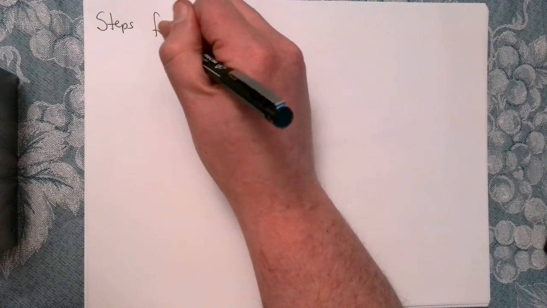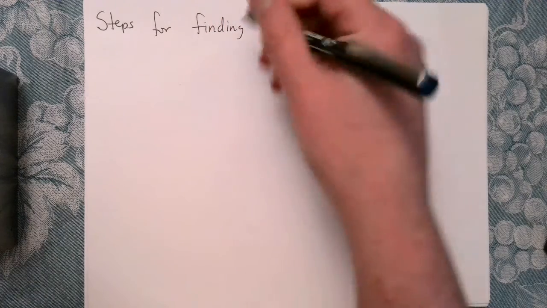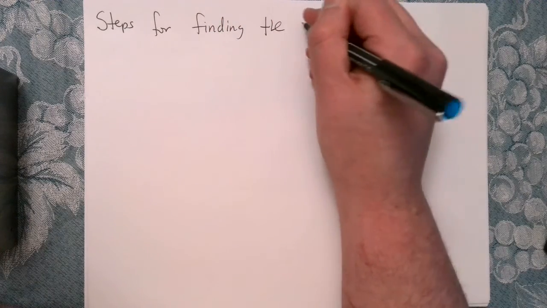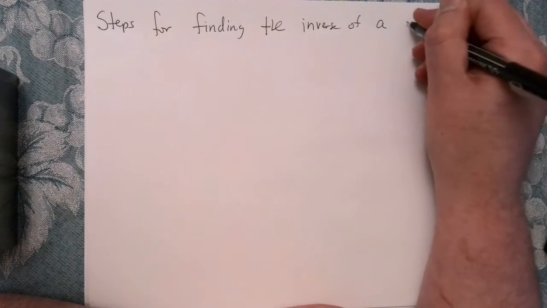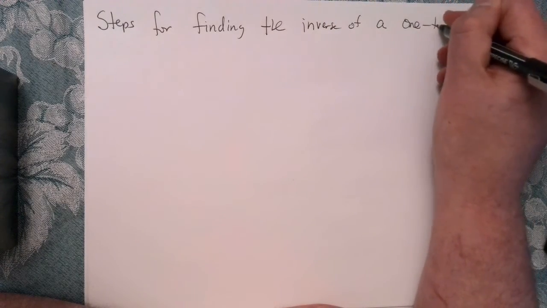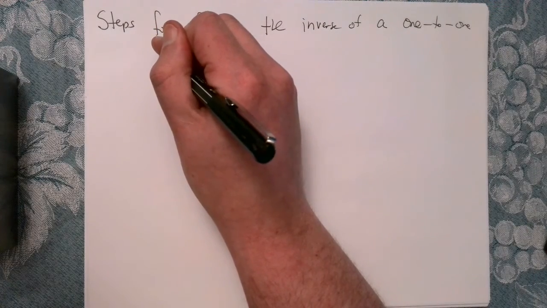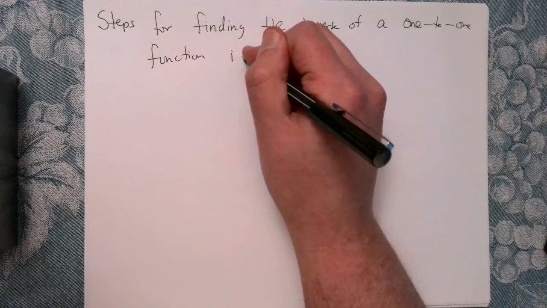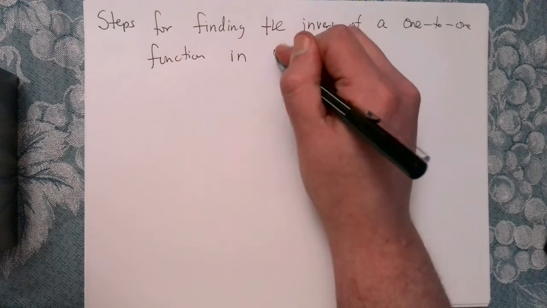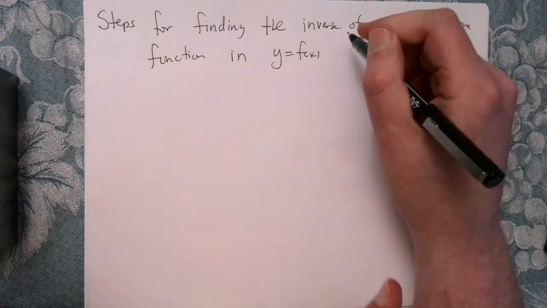Steps for finding the inverse of a 1-to-1 function, specifically a 1-to-1 function that's in y equals f of x, or y equals g of x, or y equals h of x notation.